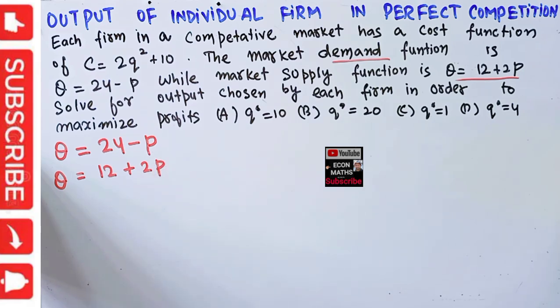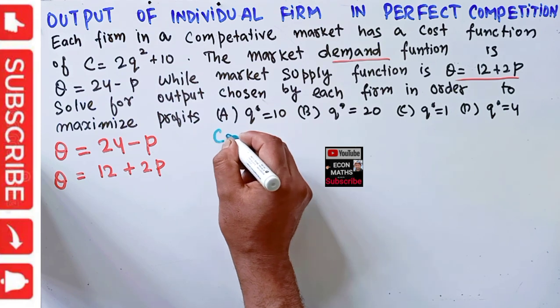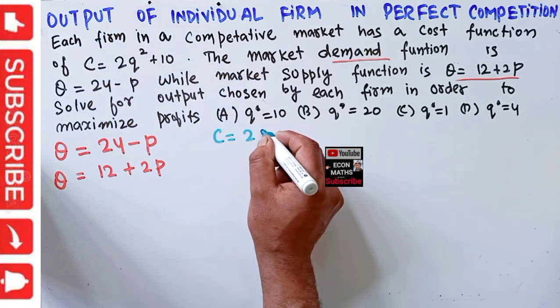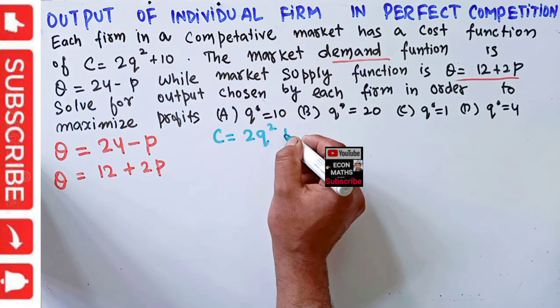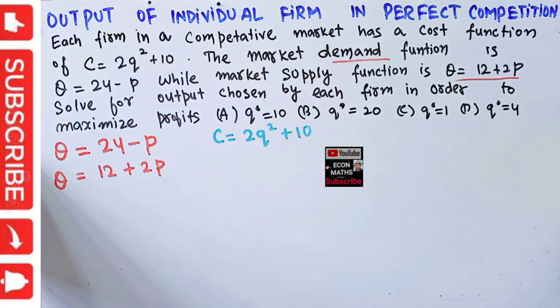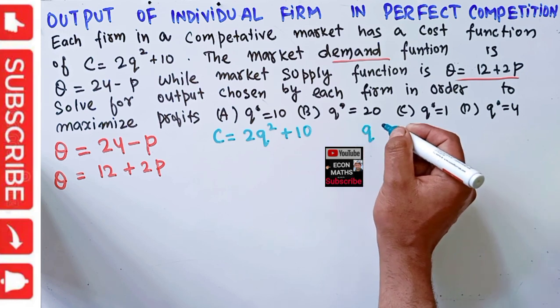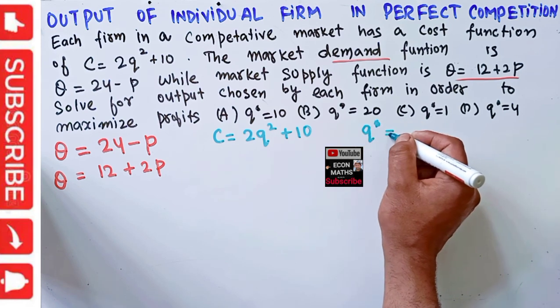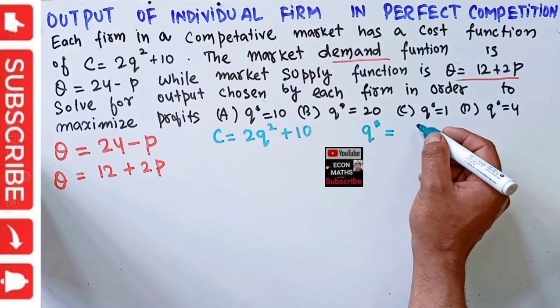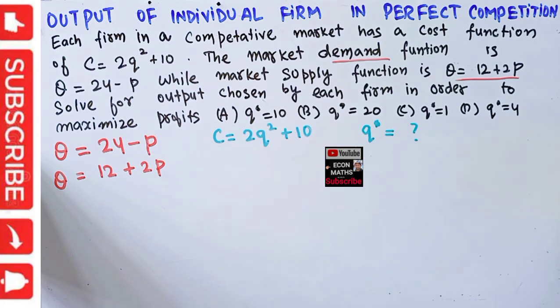We are also given the cost function of each individual firm, that is 2q² + 10. We need to find the profit maximizing output, that is small q star, chosen by each individual firm.